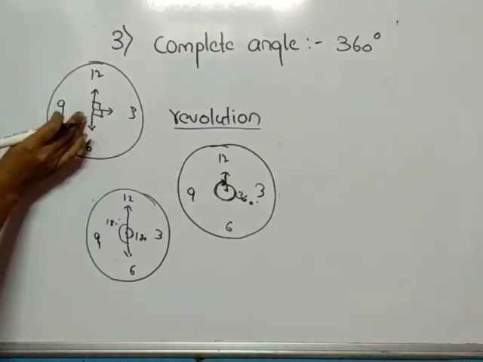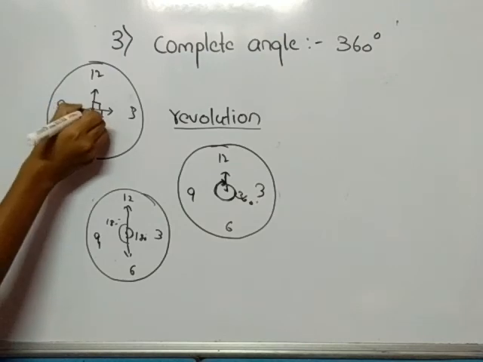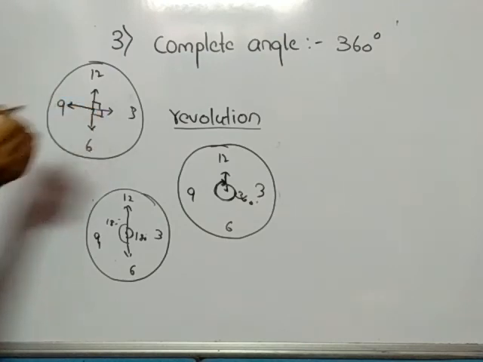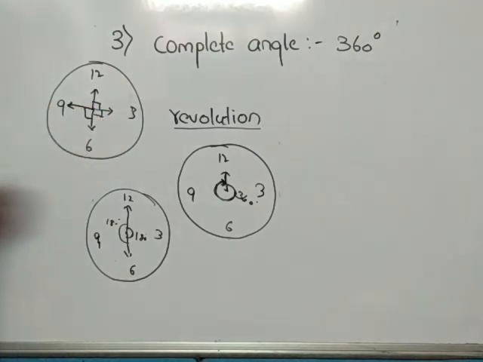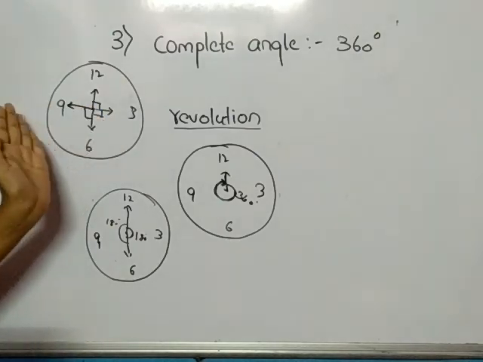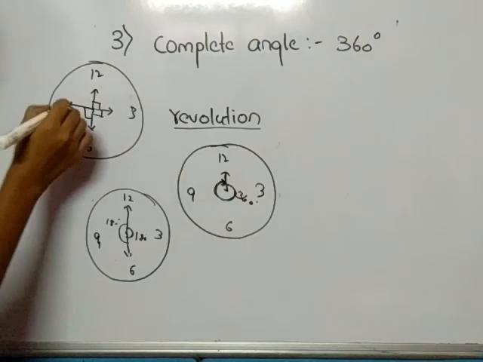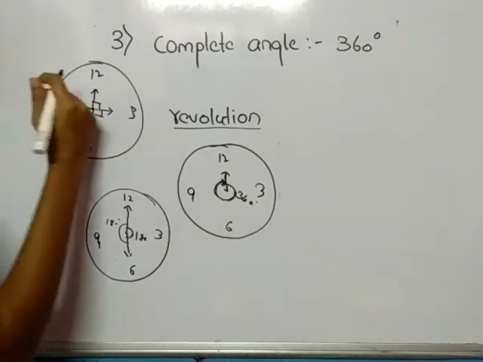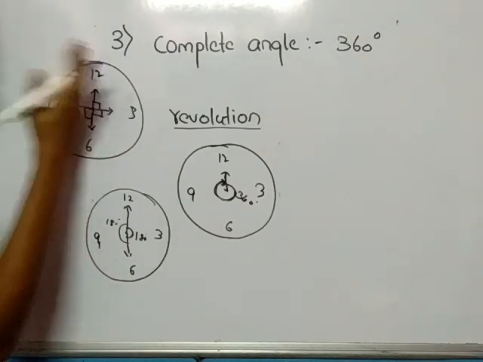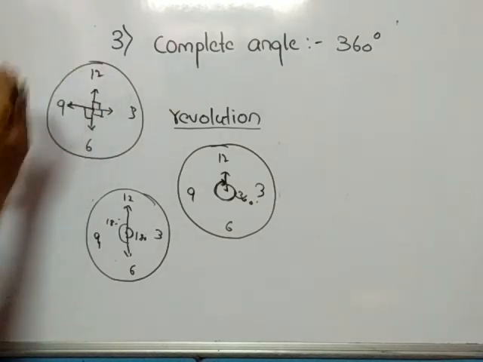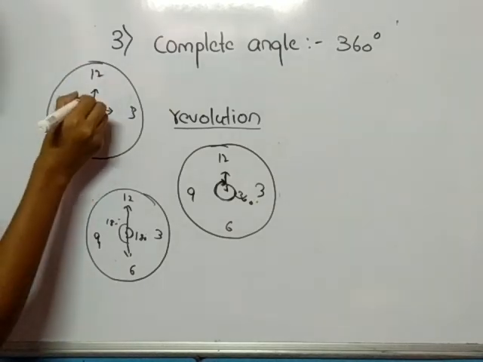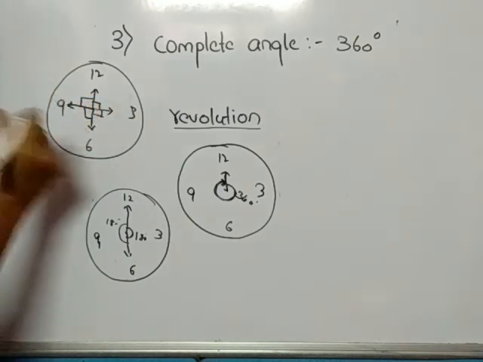Then if the hand moves from 6 to 9, we can see that it would look like this, isn't it? We got one more right angle. And after it moves from 9 to 12, it comes back to the 12 only. We get one more right angle, isn't it?